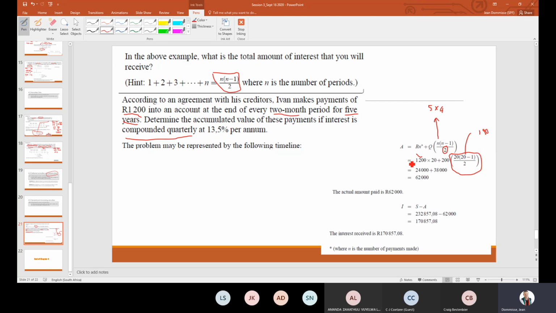So let's see what else we need to do. It feels to me as if a bit of the question is missing. According to the agreement, that is the 1,200 over 20 payments, so that is fine. I'm just now wondering, where did we get the 200?